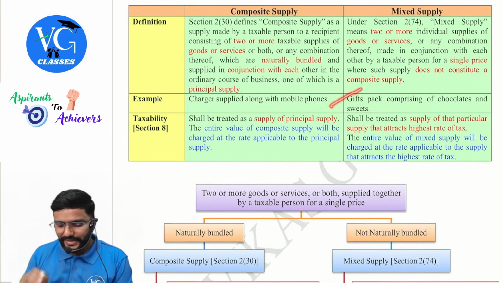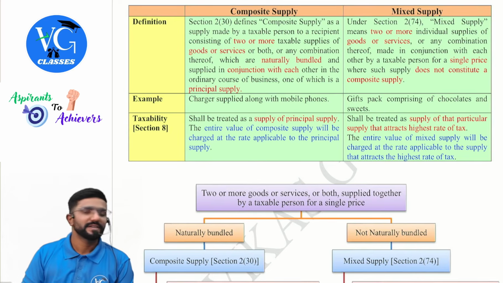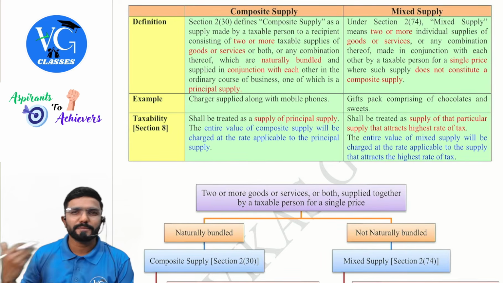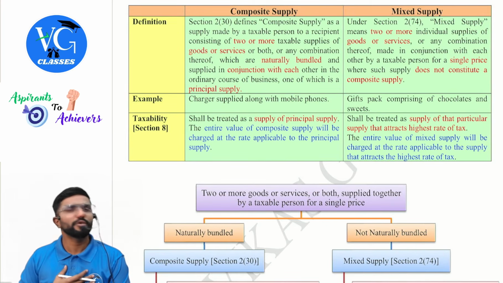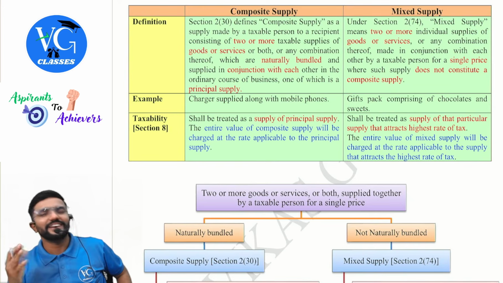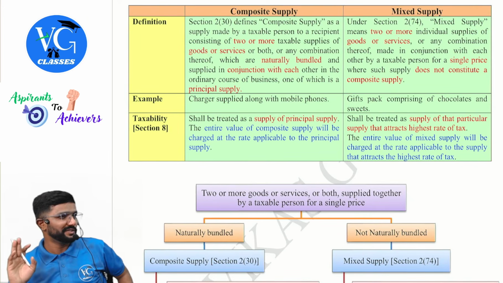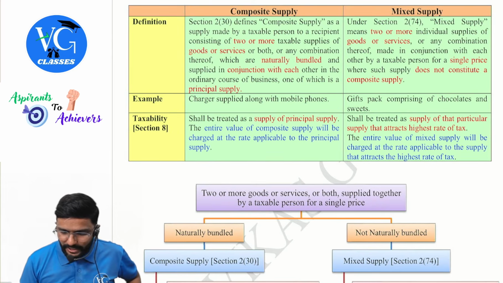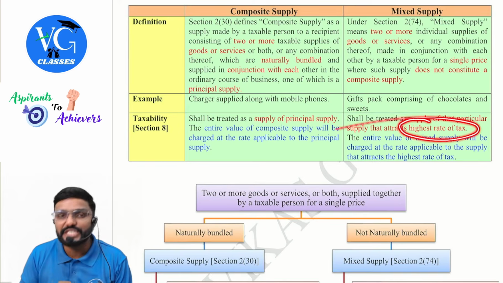A gift pack comprising chocolates, sweets or dry fruits. Here the seller is playing some strategy, but will the majority of customers want to buy together? No. You may say, no sir, I want to buy it together. Exceptional case. Because you have to go by the majority, not by the individual here. It shall be treated as a supply of that particular supply that attracts the highest rate of tax.